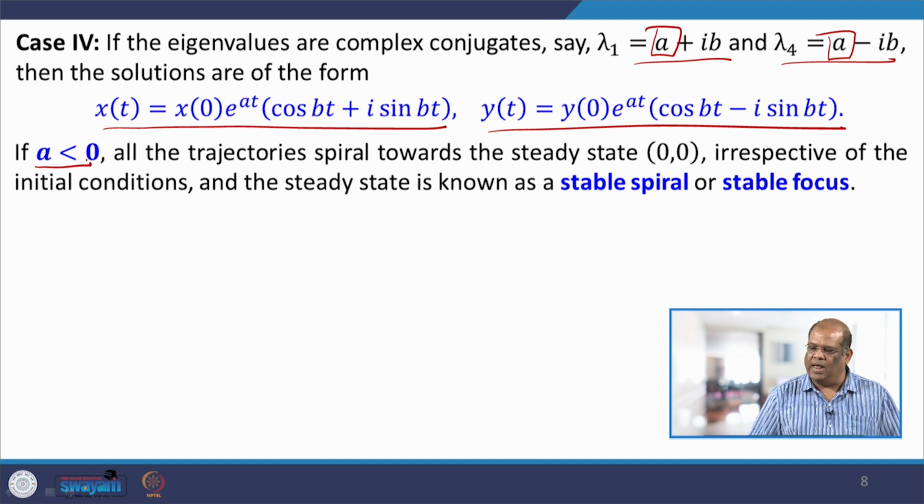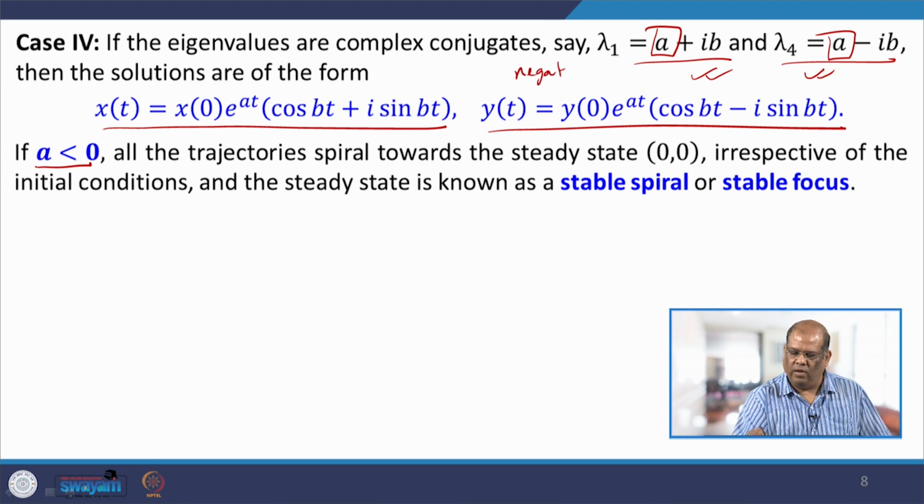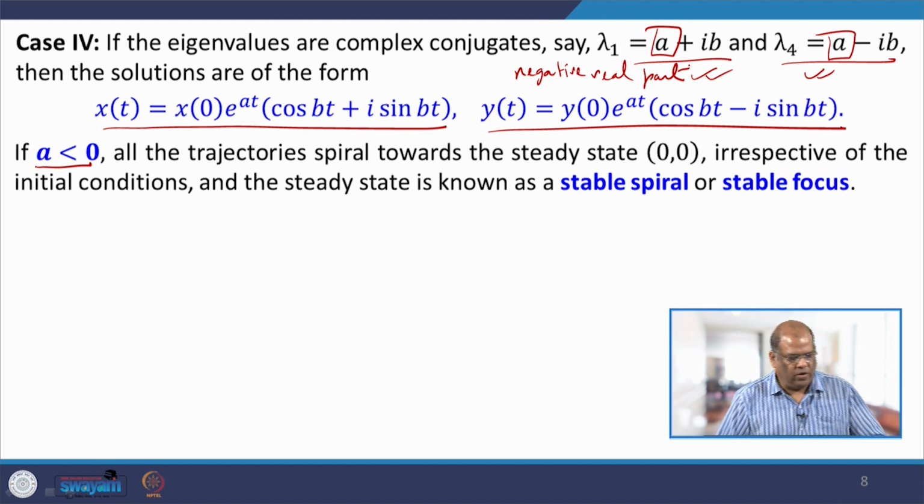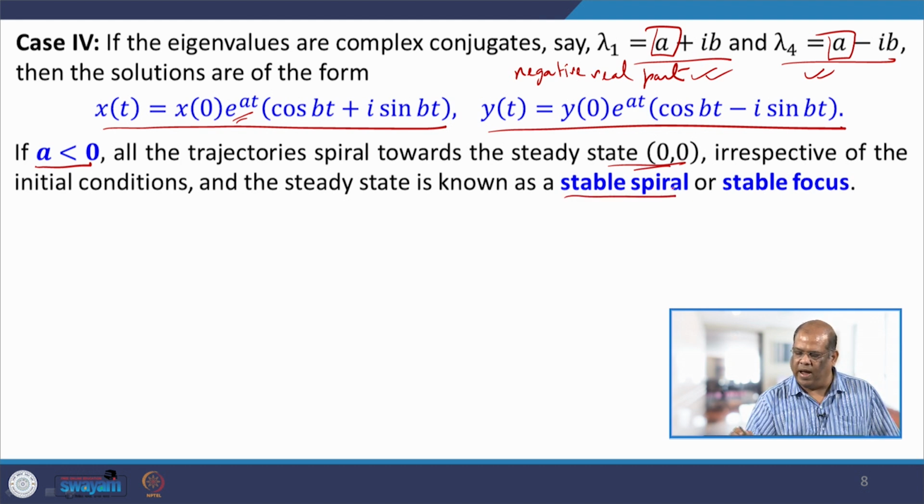Then both these eigenvalues will have a negative real part. If it is a negative real part, then obviously this will decay as t becomes large, and all these trajectories will spiral towards 0, 0, irrespective of the initial condition. It is called either a stable spiral or a stable focus.